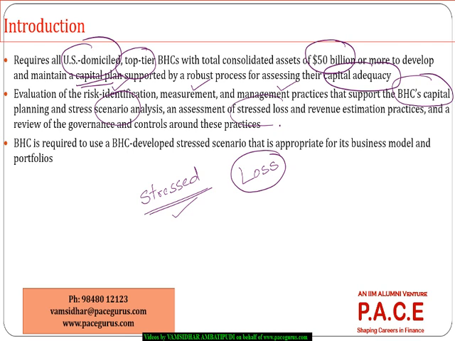So for the losses generated during stressed conditions, there should be a proper assessment mechanism.